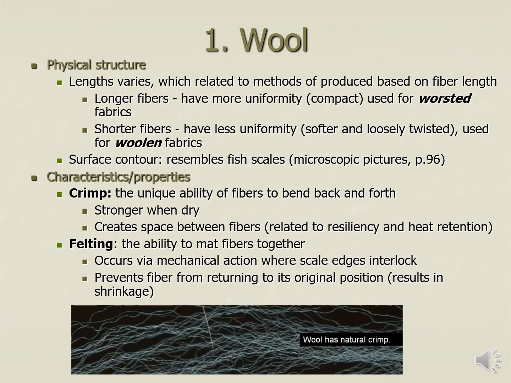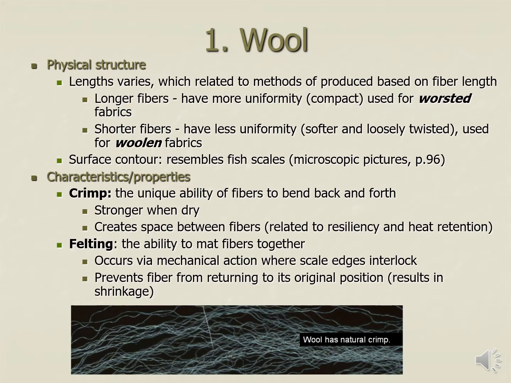The other thing that's going on is with those fish scales, there is felting, which is really the ability to mat the fibers together. And that can be a bad thing because when you have felting, this mechanical action takes place where the scale edges interlock, and that normally is a result of heat or wetness, and what happens as a result is shrinkage.